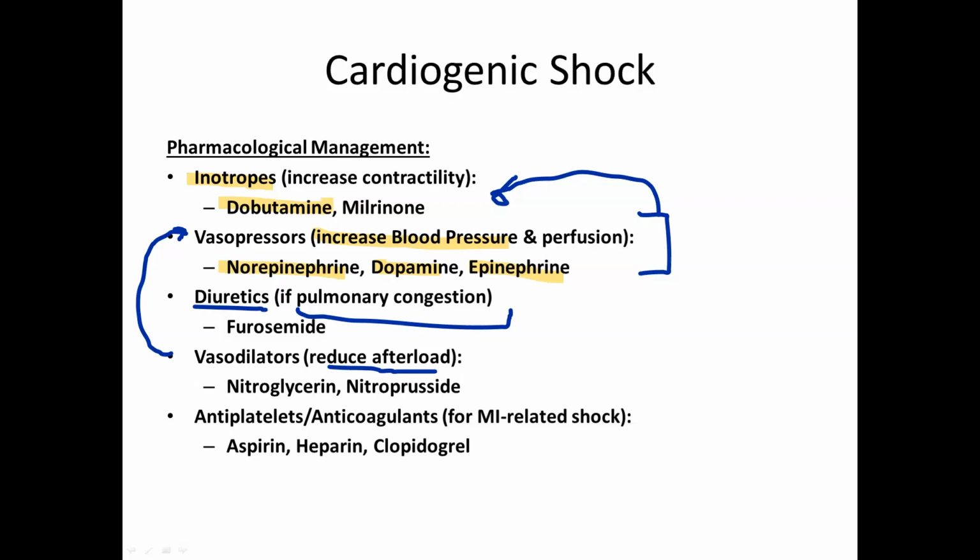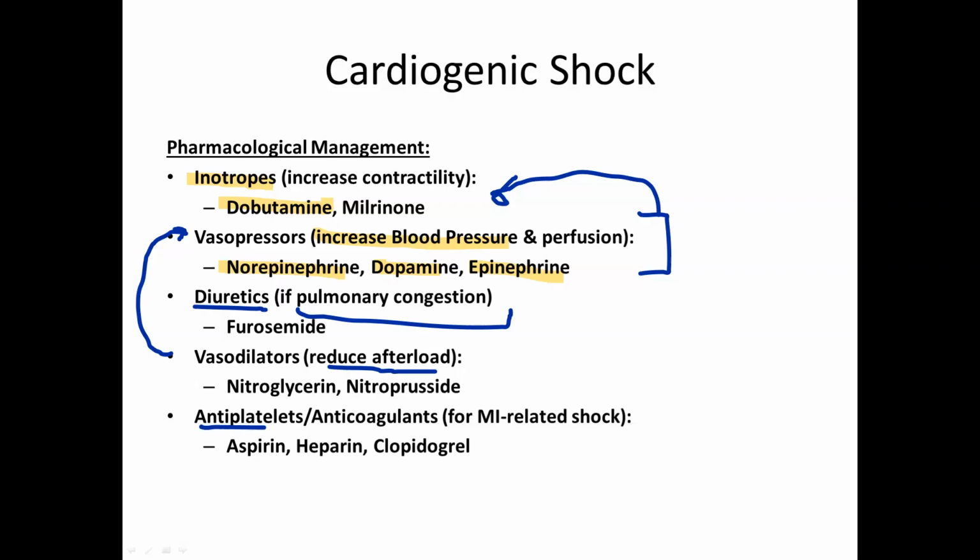So you remember we talked about the fact that we wanted to decrease the workload. A thing that increases the workload of the heart is an elevated blood pressure. So if we're in those initial stages of shock, we want to try to get that under control.